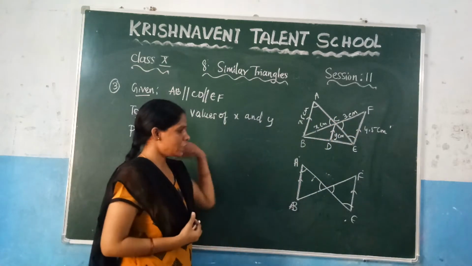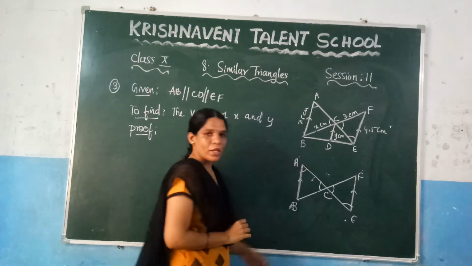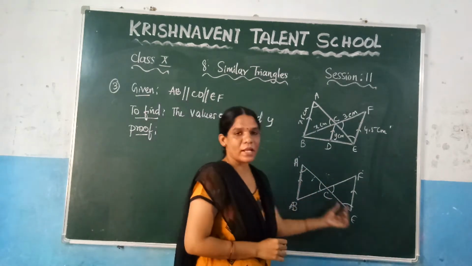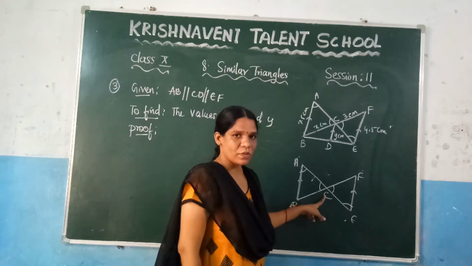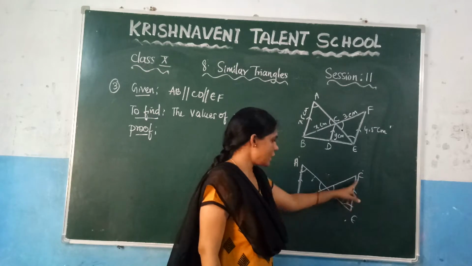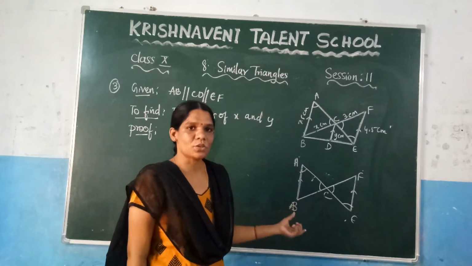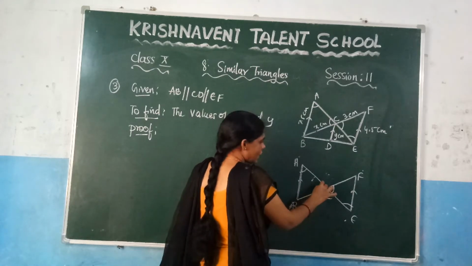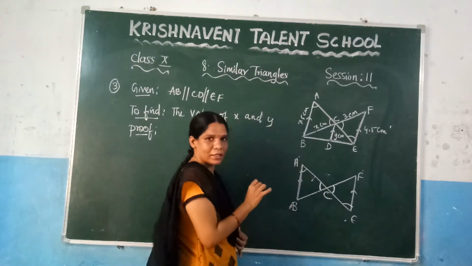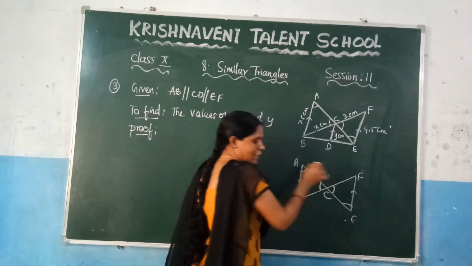Now you can observe that this point is nothing but C. You can observe that here two triangles are there. What are those triangles? ABC is one triangle, and ECF is one more triangle. If you consider these two triangles, in this triangle, this angle is equal to this angle, and similarly, this angle is equal to this angle.